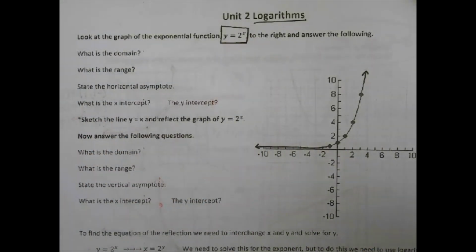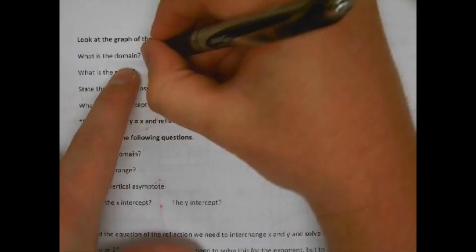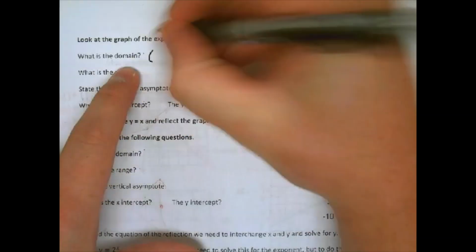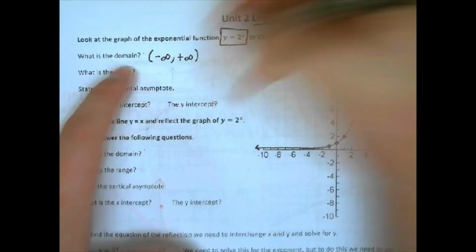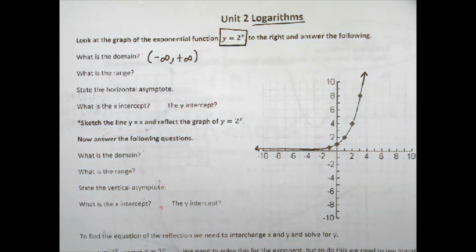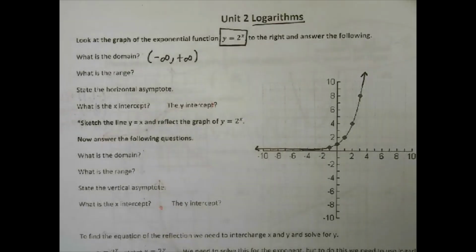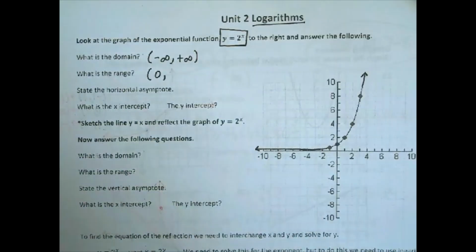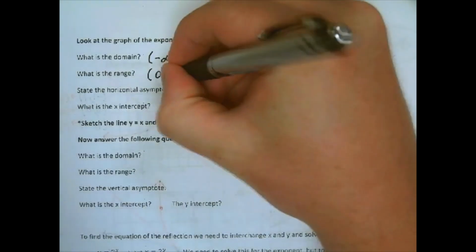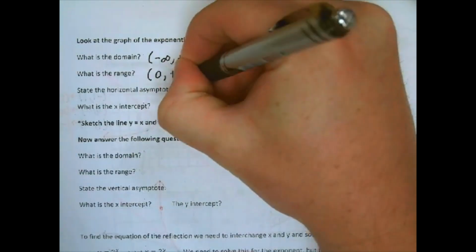So the domain of this, and we'll use interval notation, is from negative infinity to positive infinity. It goes left forever, it goes right forever. The range, however, will be from 0 exclusively to positive infinity.